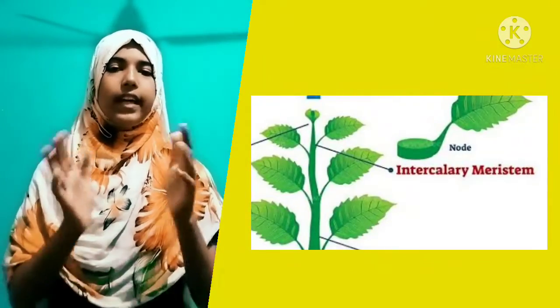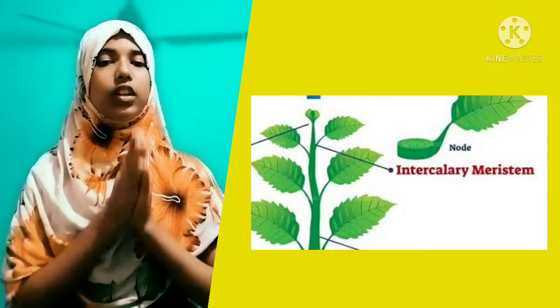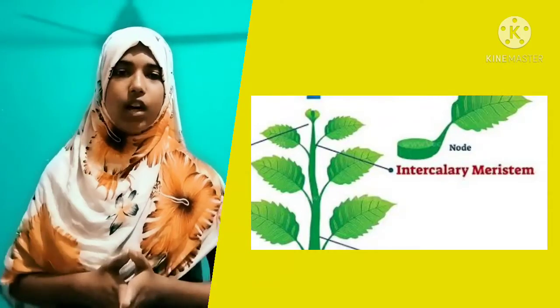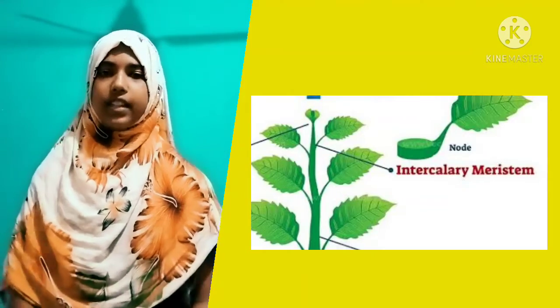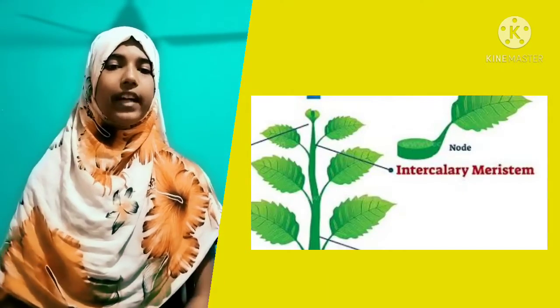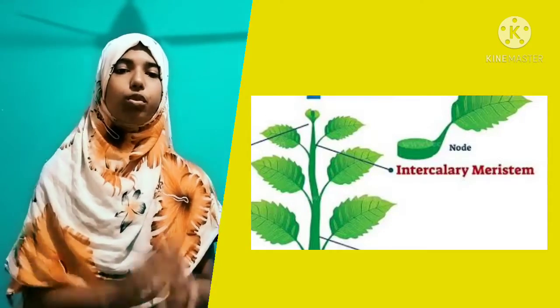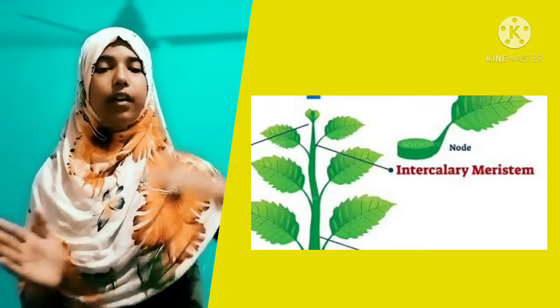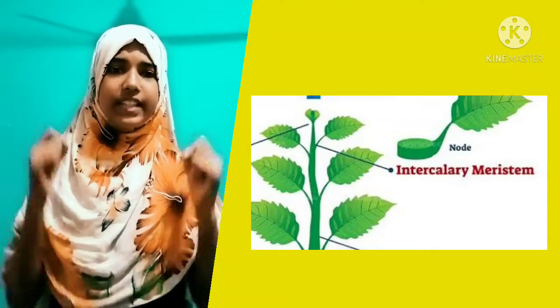Okay, the second type of meristematic tissue is intercalary meristem. So intercalary meristem is the reason for the growth of branches. As you all see, there are a lot of branches in all the plants, right? So what is the reason for that? That is intercalary meristem tissue. It is present where the branch starts to grow, from the start point.